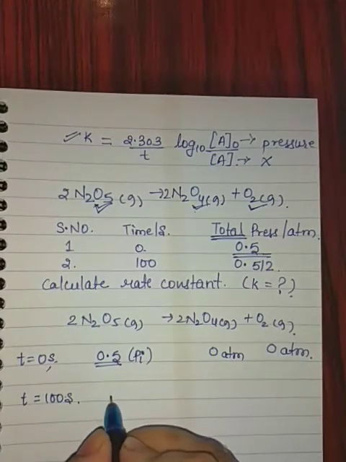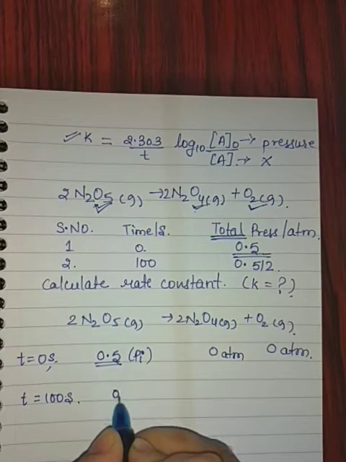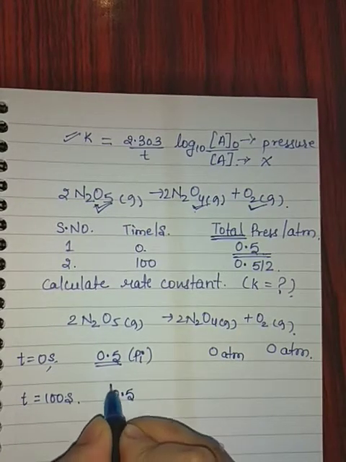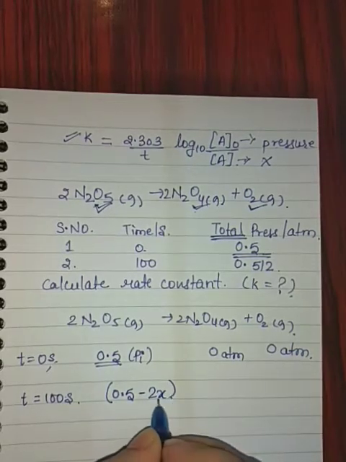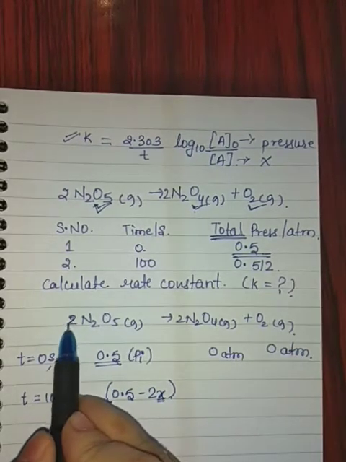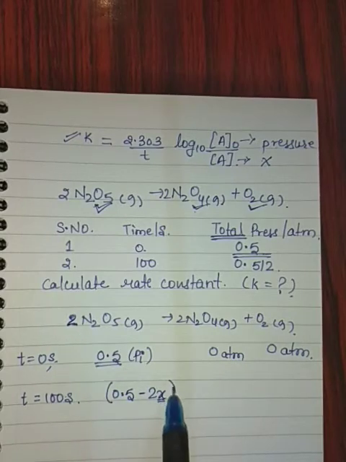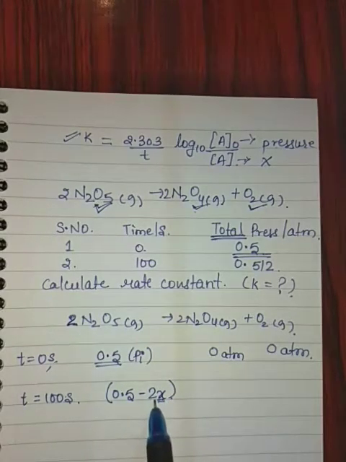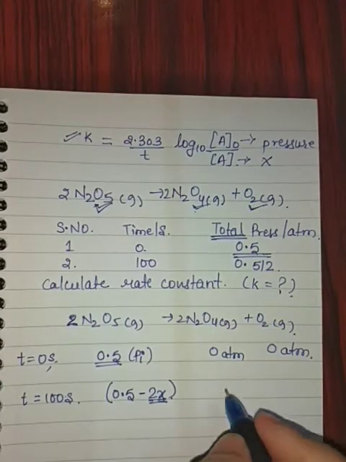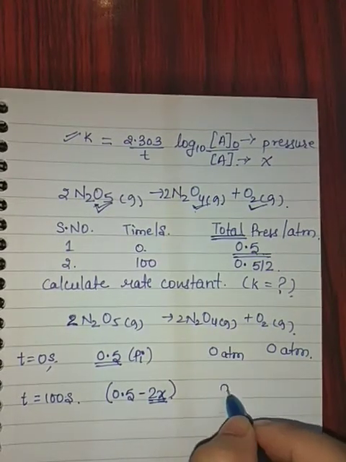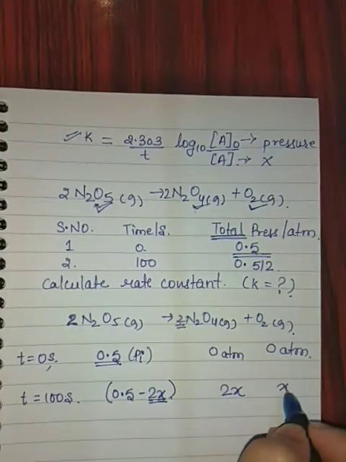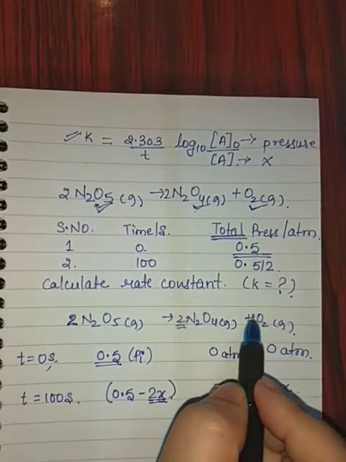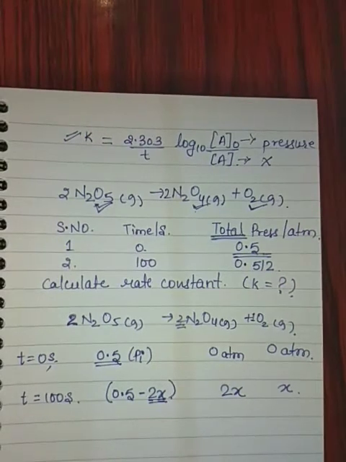Then when the time was 100 seconds, you remove x amount, but since the coefficient is 2, the x gets multiplied by 2. So when you remove 2x amount, this will be 2x again since there is 2, but this will be x because the coefficient of this is 1.